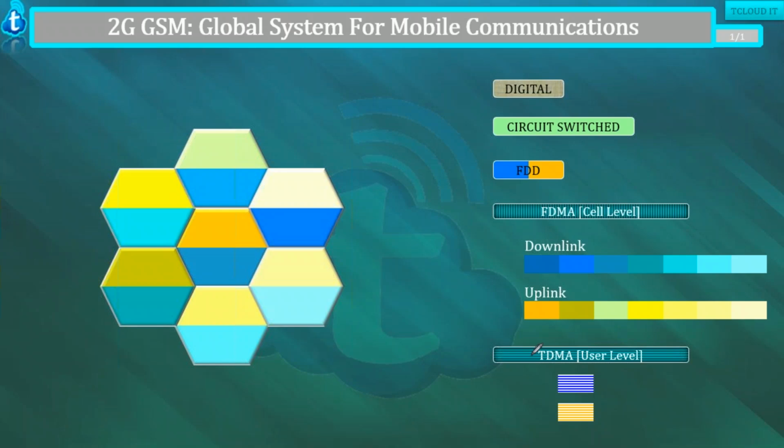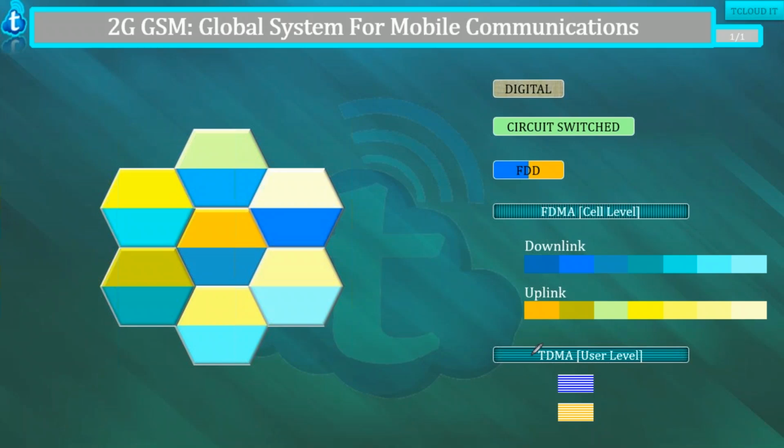So why was this advantageous over the previous FDMA technology? In case of FDMA, first the 200 kilohertz is divided into 25 kilohertz each, and each 25 kilohertz is allocated to one mobile phone.